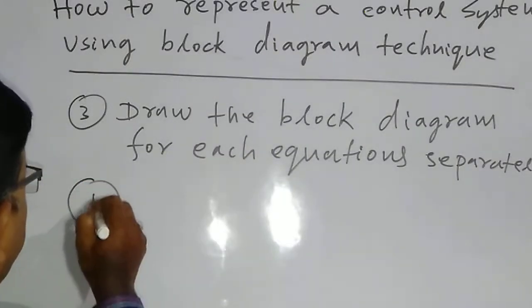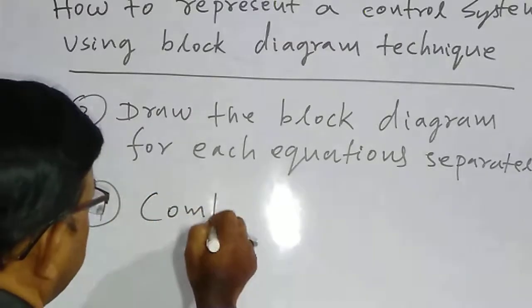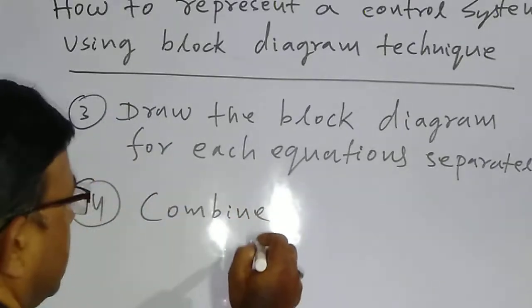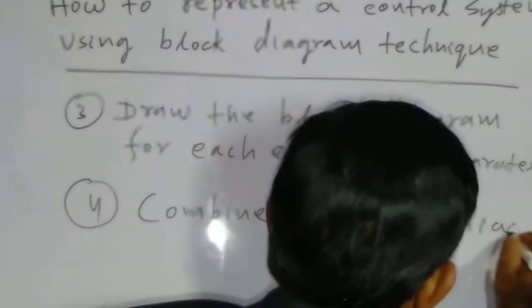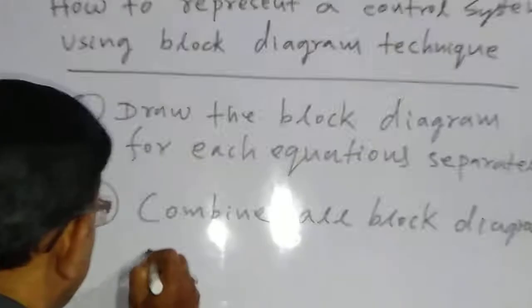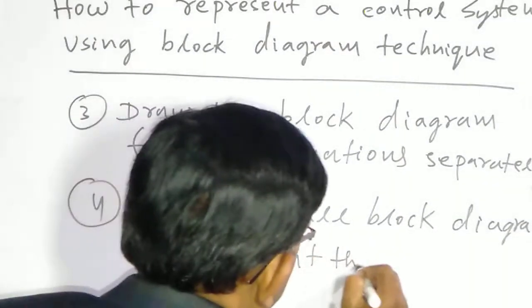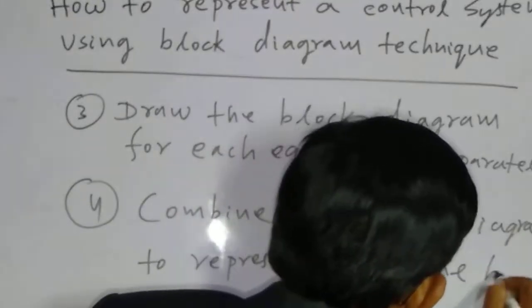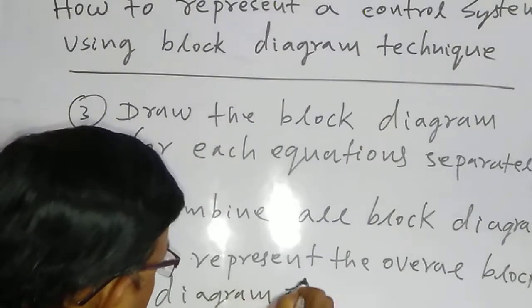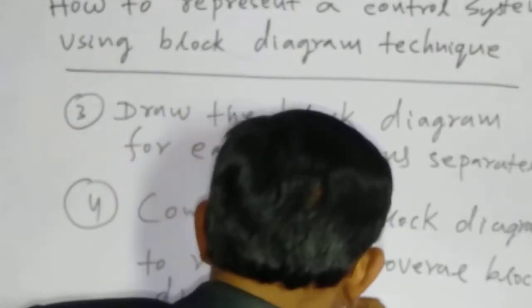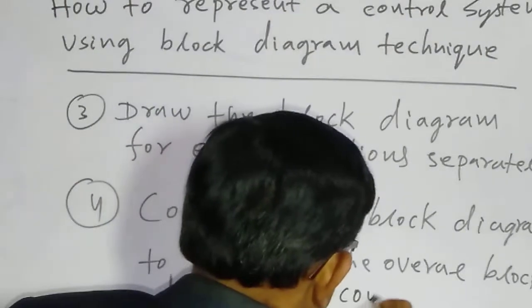And fourth step, that is combine all block diagrams to represent the overall block diagram of the control system.